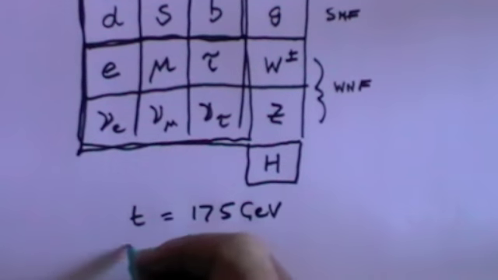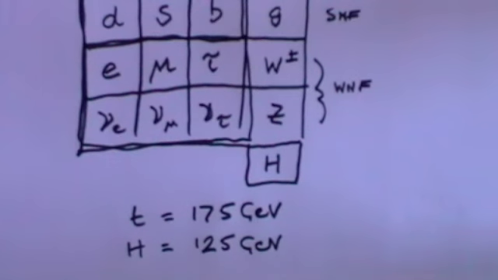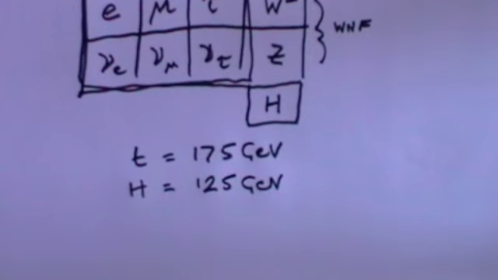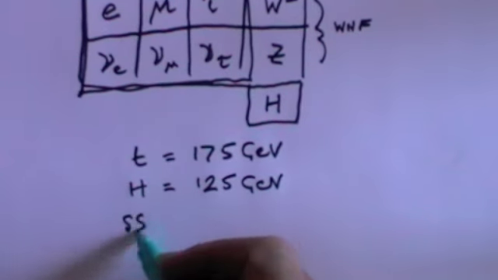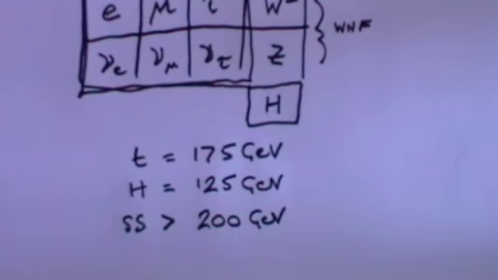The Higgs, which was recently found, is 125 GeV, and we needed the Large Hadron Collider to find that. So if we've got supersymmetric particles which are greater than 200 GeV, which would make them very massive, then small wonder they haven't been discovered yet, because we're only just getting into that kind of range.